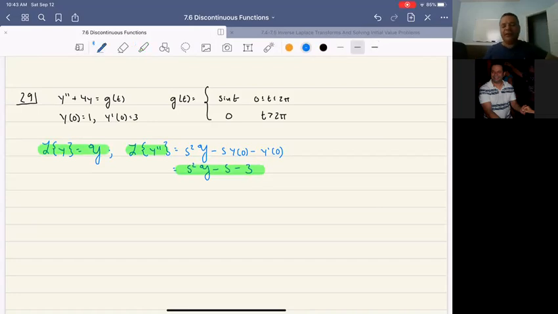Okay, now let's look at this g of t. I'm going to write this g of t sort of a special way, because it's only acting in the window from 0 to 2 pi. Notice I said window. That means we're going to use the window function. So g of t is sine of t times the window from 0 to 2 pi.